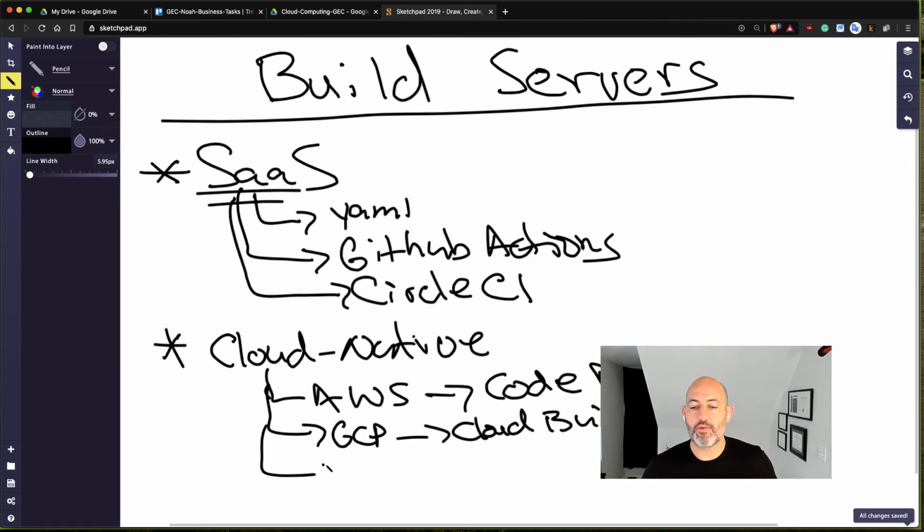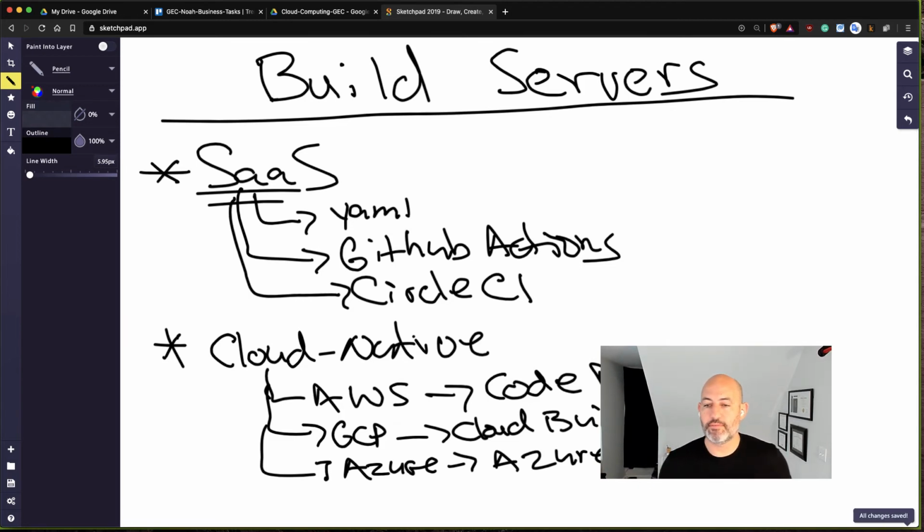And then likewise, Azure has Azure Pipeline. So that's also a cloud native technology. And so why would you use these things? The core reason for these is they have deep integration to a cloud environment.